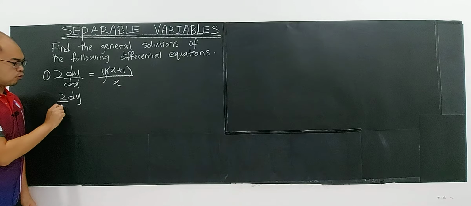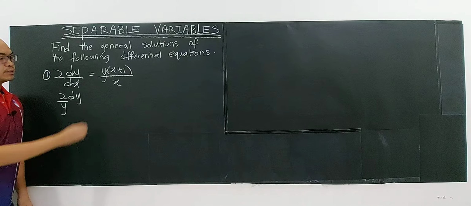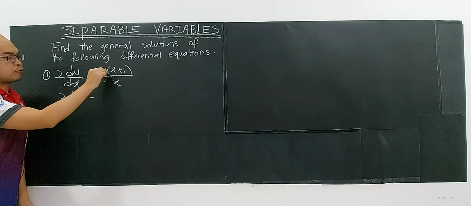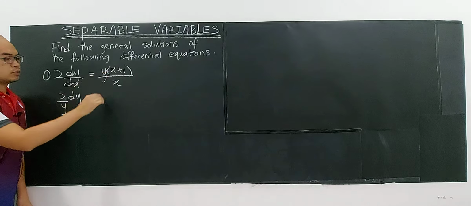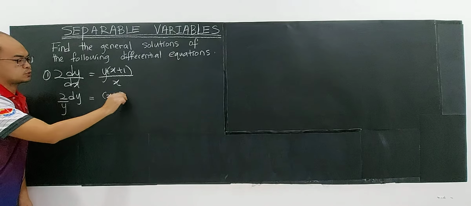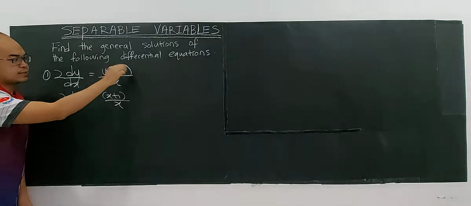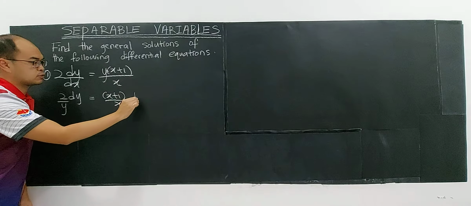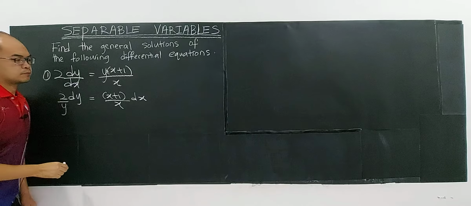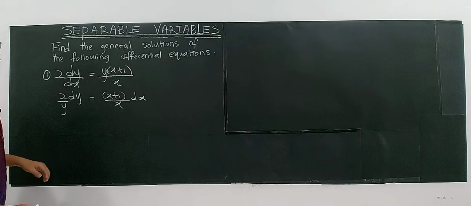So I will have 2 over y on this side, and y has been removed from the right hand side. Now we have x plus 1 over x on the right hand side, and dx is multiplied on both sides.